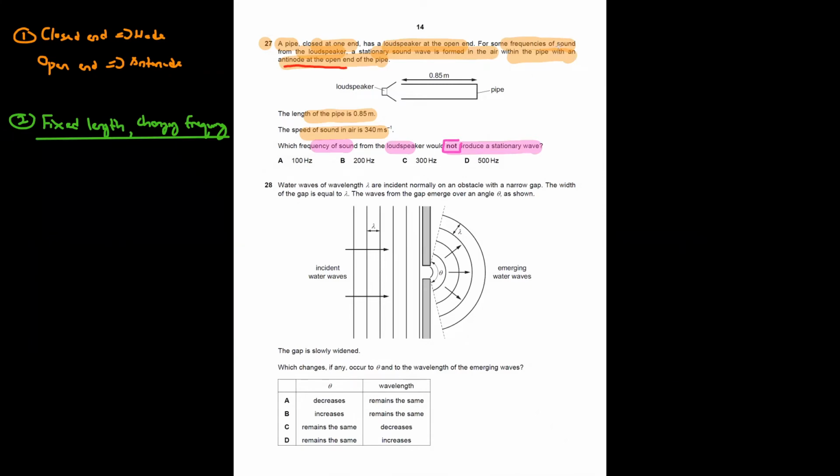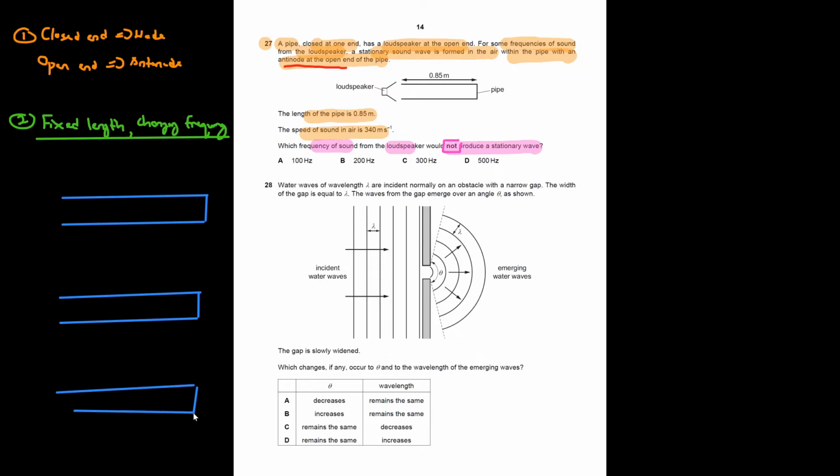So let's just try and draw out the shape of the stationary wave that is possible, based on the situation that we have. If you just give me a moment, let me draw out the lines for you. You have something like this. This is the first wave. This one is the second wave. And this one is probably the third wave.